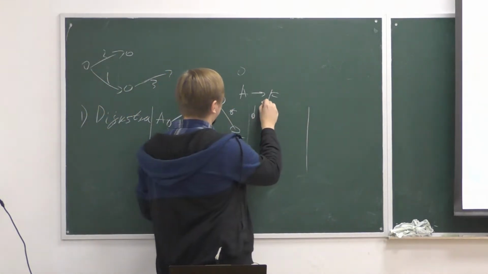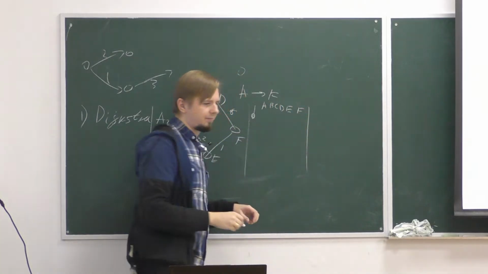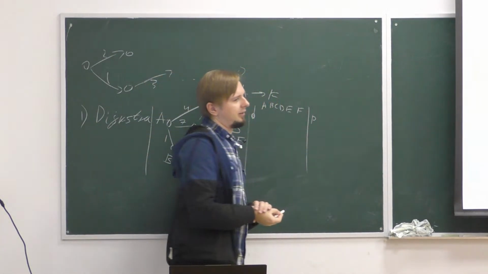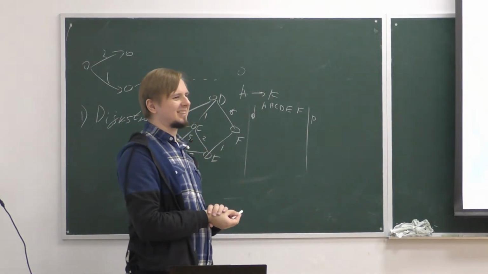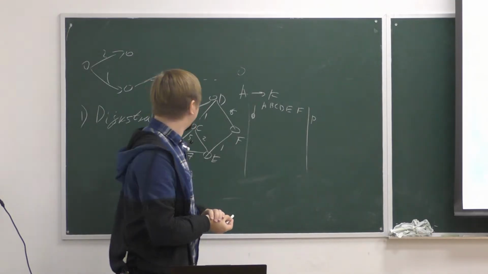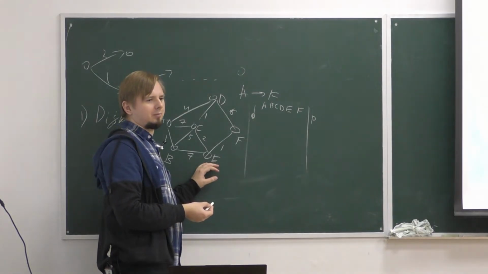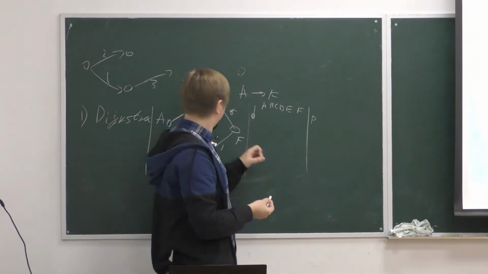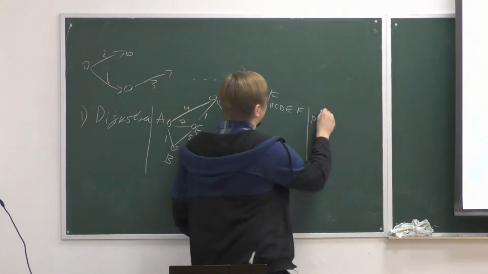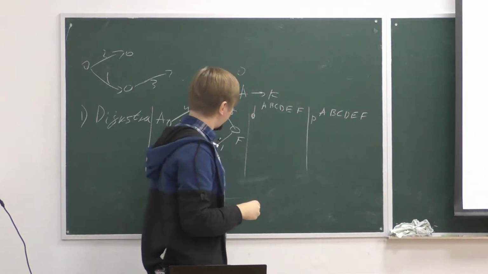So here with D, we have A, B, C, D, E, F. And another thing, P, it will be the so-called predecessor. So the vertex that will be the previous on the shortest path, if we go through this A. So also we have A, B, C, D, E, F. Yeah.